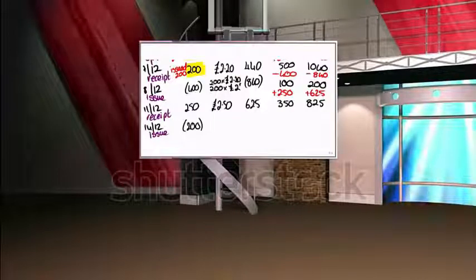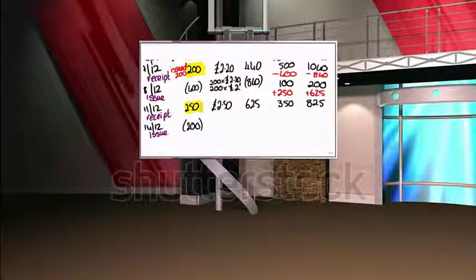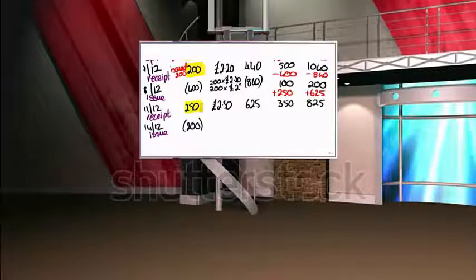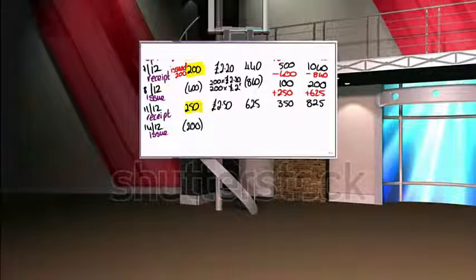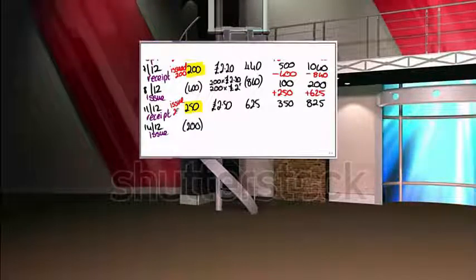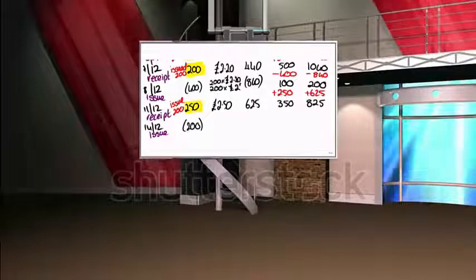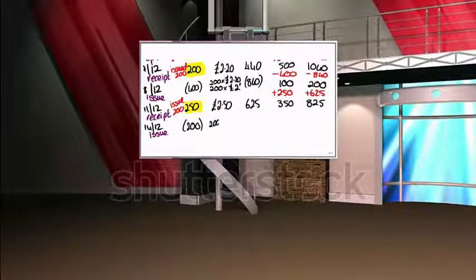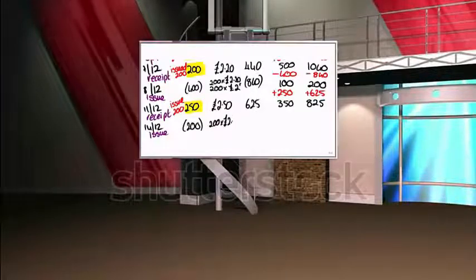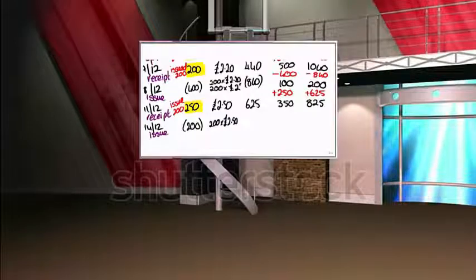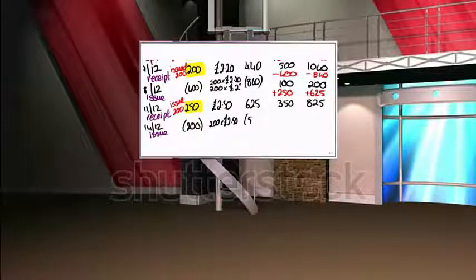So we are going to take these 200 units from the 250 units we purchased on the 11th of December. So we are going to issue 200 of those 250 units. So we have 200 units at 2.50 each in our issue, gives us a total issue value of 500.